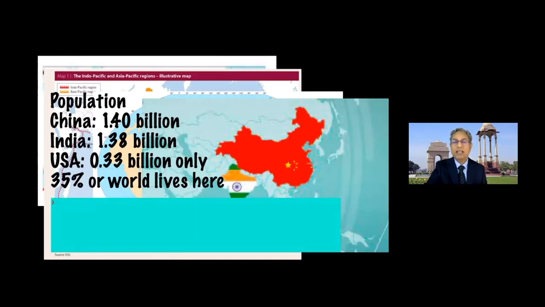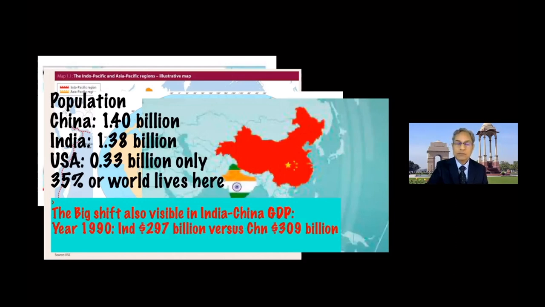Now, within China and India, why I want to focus more on China is because there is a big change. China and India may have similar population, but the productivity, the capacity to produce of people in India and China has changed. Until 1990, their GDP was very similar.